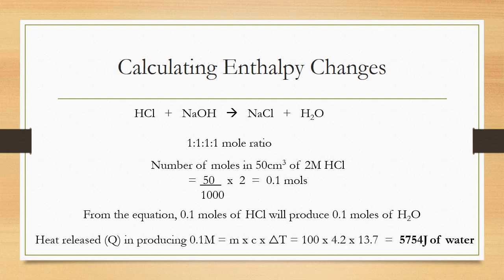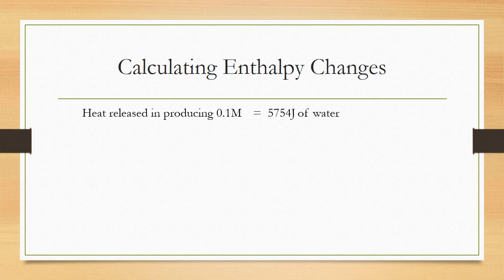Okay, so again, using the equation, the heat released Q in producing 0.1 moles of NaCl is going to be m times c times delta T, which equals 100 times 4.2 times 13.7, so 5,754 joules, for 0.1 moles of water. Again though, this is the heat released from producing 0.1 moles of water.